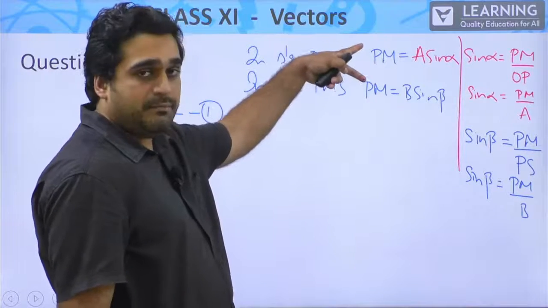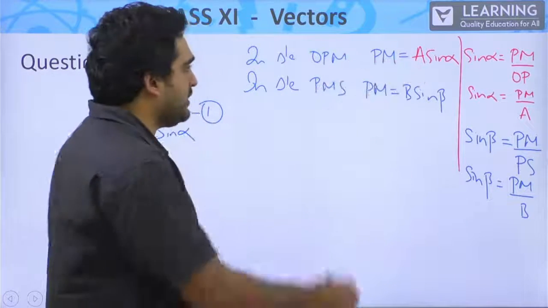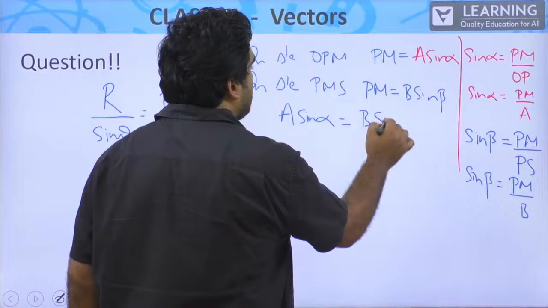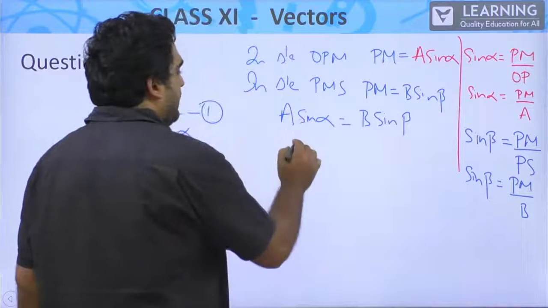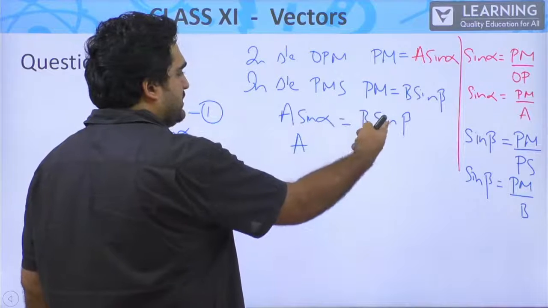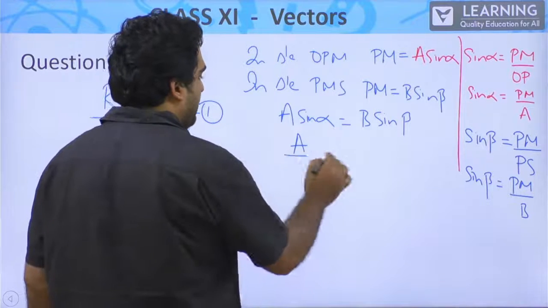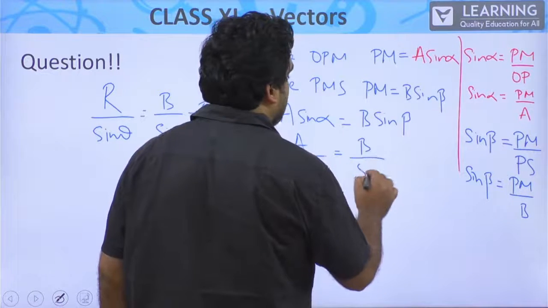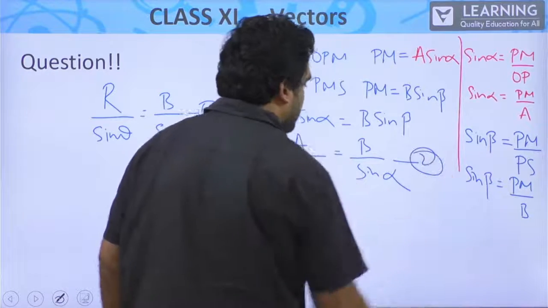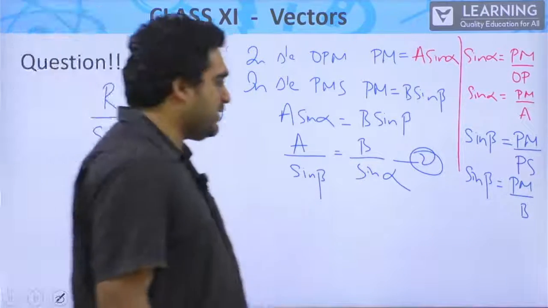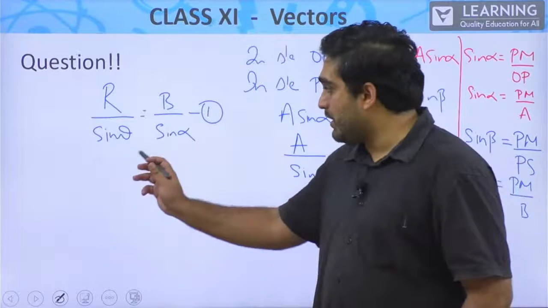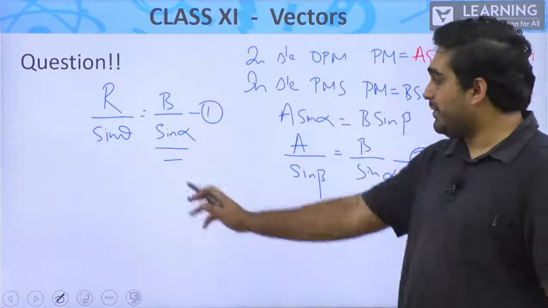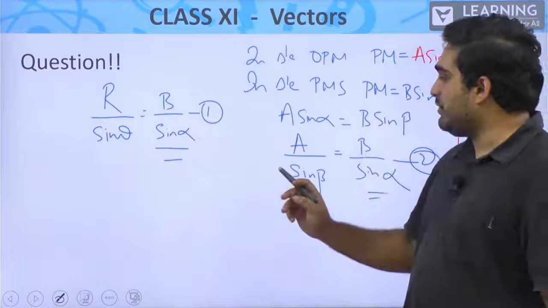Both of them are PM, which means these two can be equated to each other. So you have A sine alpha equals B sine beta, and by cross multiplying, you get A sine beta equals B sine alpha. Equation 2. By comparing 1 and 2, you have B sine alpha in equation 1 and equation 2.